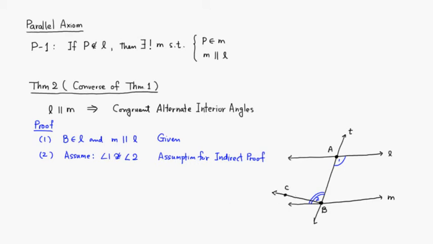So we know that 3, there exists a ray BC such that angle ABC matches angle 1, which is this one. So we're matching this angle with that angle.